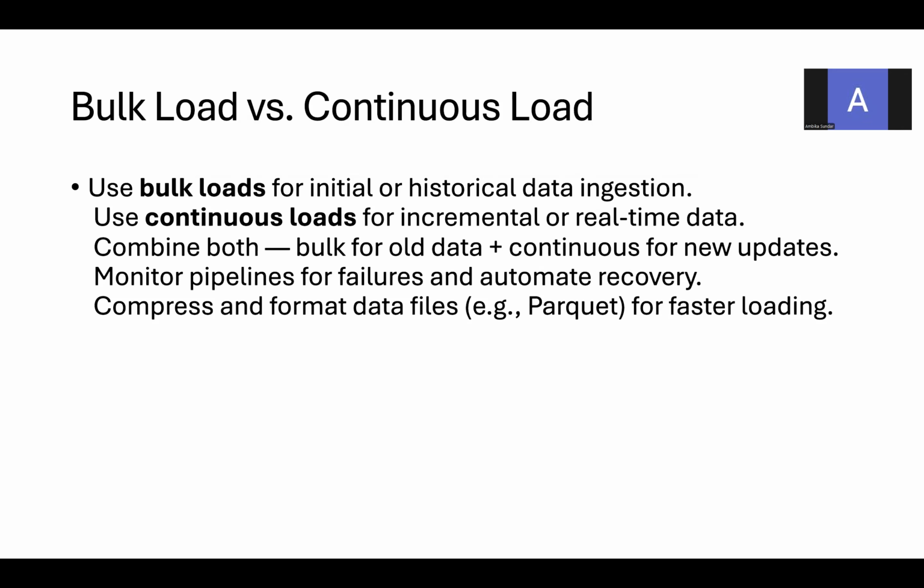Monitor pipelines for failures and automatic recovery. When you are doing this process, you should keep an eye on the pipelines for wherever the failure of loading the data is happening. If a failure is happening, what is the automatic recovery process for that? And compress and format data files for faster loading. Whenever you want to load the data, either using bulk load or continuous load, see that the data is formatted properly.